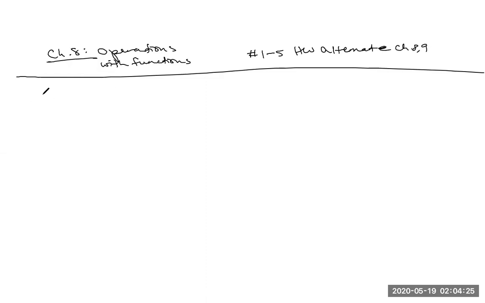Okay, so essentially for this, what we will need to know, essentially we can have two functions. One we're going to call f of x, and the other function is going to be g of x.